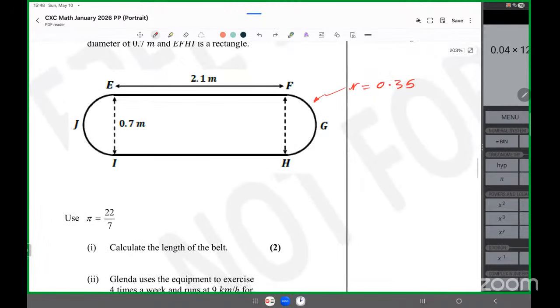So the length of the belt is going to be these 2 long sides plus the 2 half circles, don't it? 2 half circles make a whole circle, and the circumference of a circle is 2 pi r.